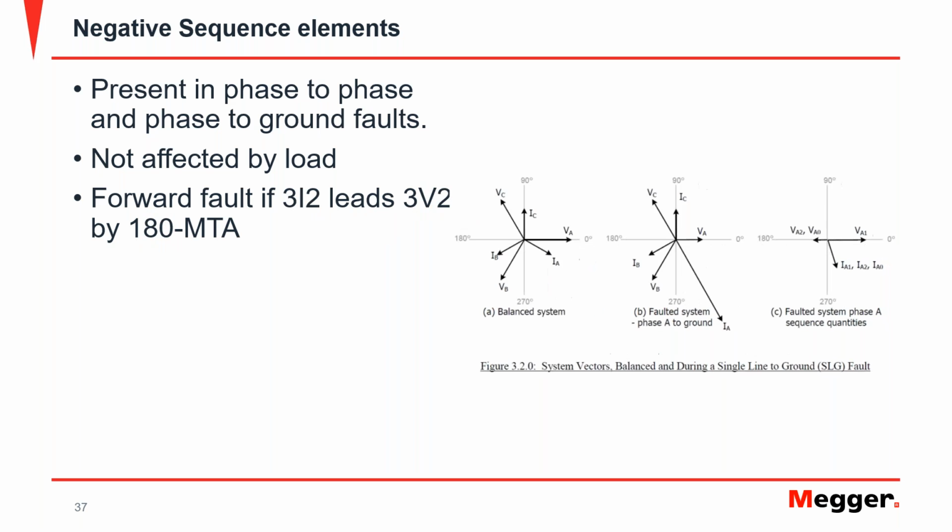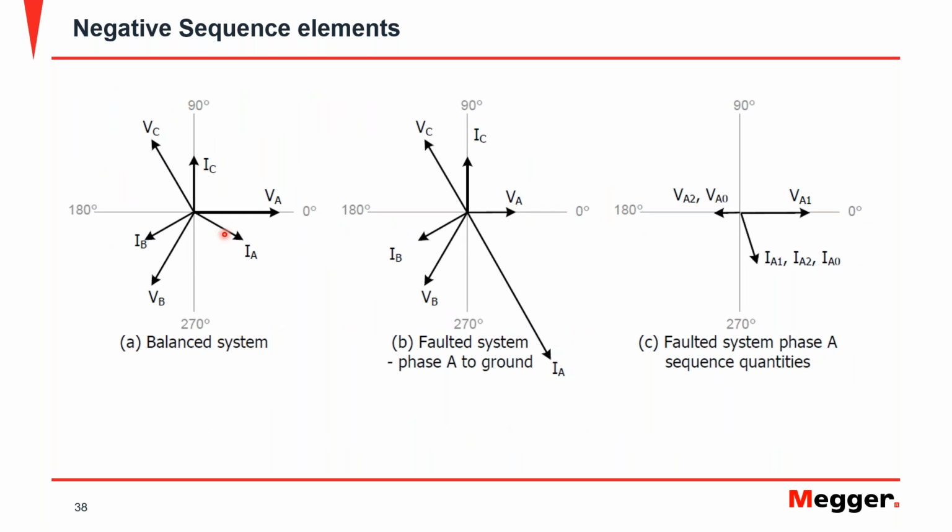We can see that in this diagram here, where we have the healthy or balanced system. Then we have a fault, phase A to ground, and here we have the representation of the positive sequence, negative and zero sequence voltage, and then we have the current.